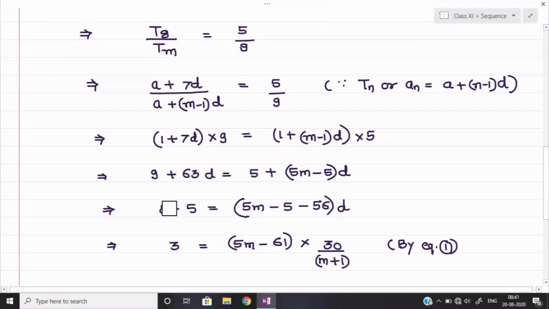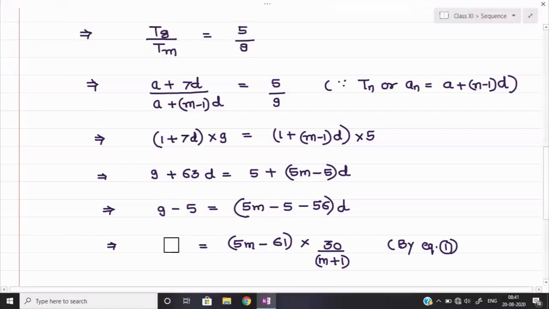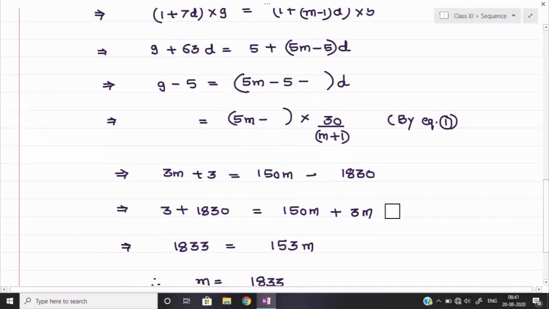So this 8 will become 9 and 9 minus 5 will become here 4. Wait a minute. So we'll make some correction. And then here also this will not be 56, this will be 63. Then down we can remove it completely. We'll do it once again.